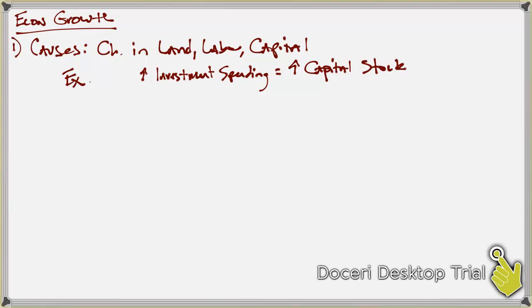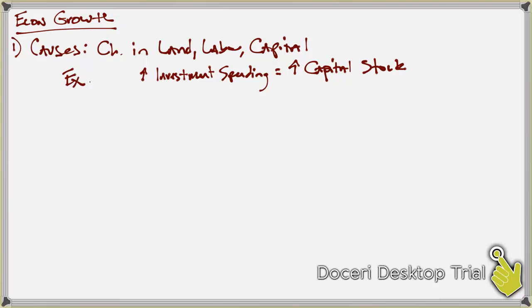Capital stock is just a fancy econ term for the amount of capital available in the economy, okay? So we talk about land, labor, capital, right? Those are our resources that are available. Capital stock is just the amount of capital. As we increase the capital stock, we're going to increase our potential, okay? So investment spending is spending on capital equipment. So those two things go together.